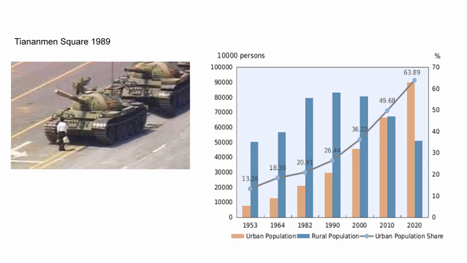So again, we've got the iconic symbol of Tiananmen Square, and this was in 1989, and this was also, again, showing that major transition from rural to urban settings. So you now have cities, you probably have 100 plus cities in China with more than 1 million people.